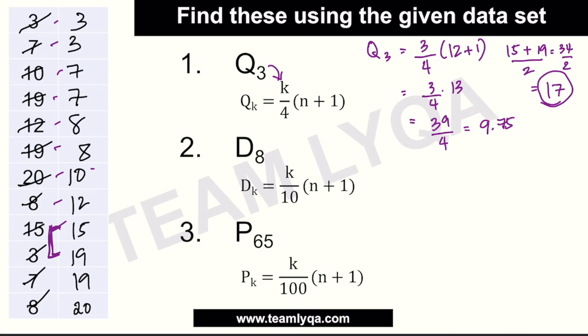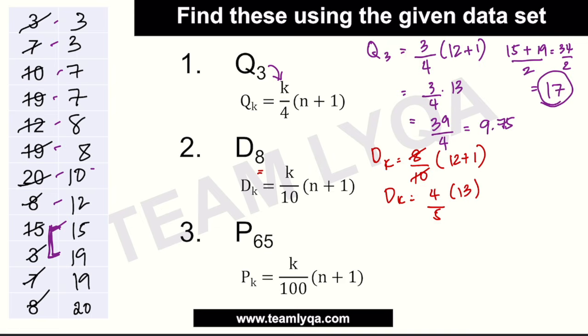Now, yung 8th decile tayo. Okay? So, you have yung 8 as our k. So, D sub k is equal to 8 over 10 times 12 plus 1. So, this is going to give us 8 over 10. Again, kung gusto natin palitin yung fraction, magiging ano na lang siya, 4 over 5 times 13.